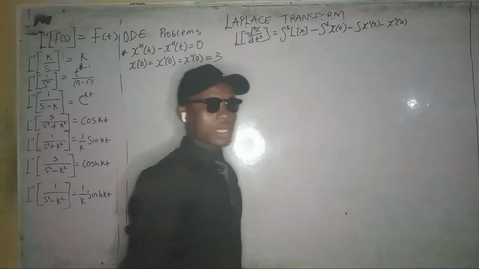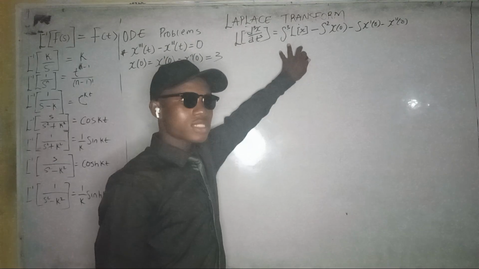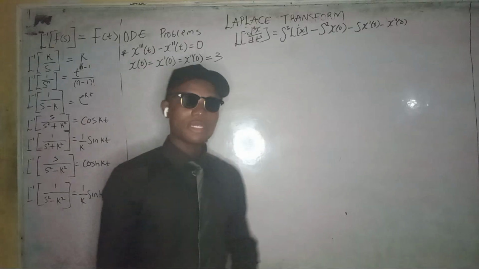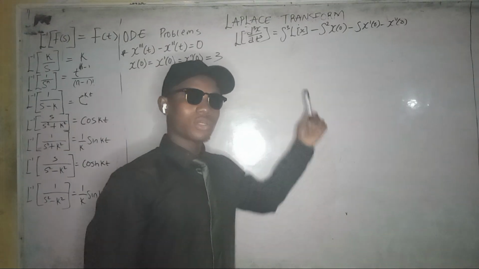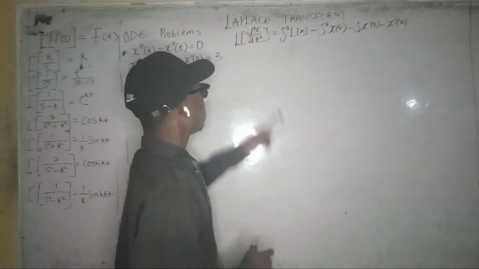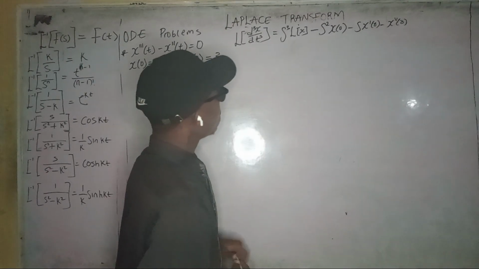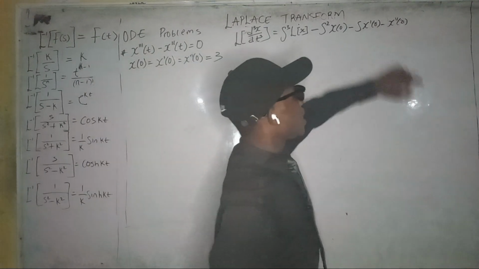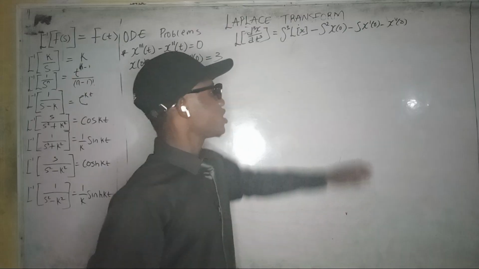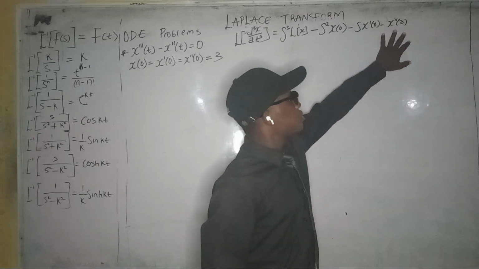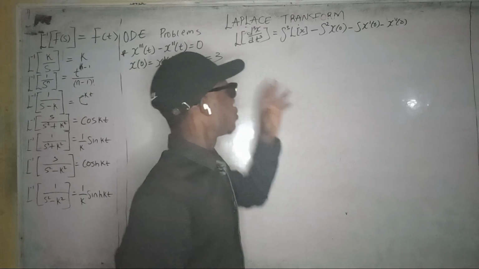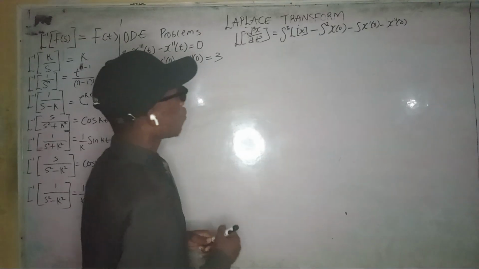What you notice here is that we have s raised to the power of the order of differentiation, up to the point where we have s raised to power 0, which equals 1, times the last derivative of x naught.